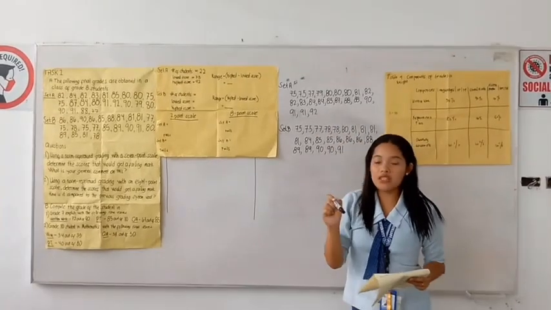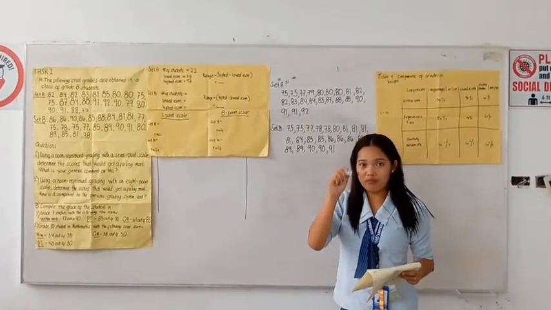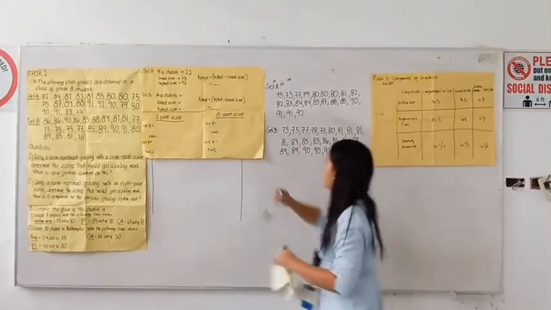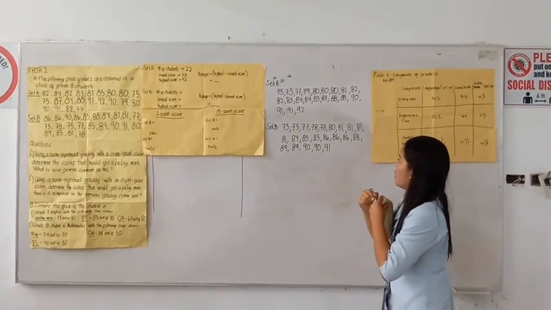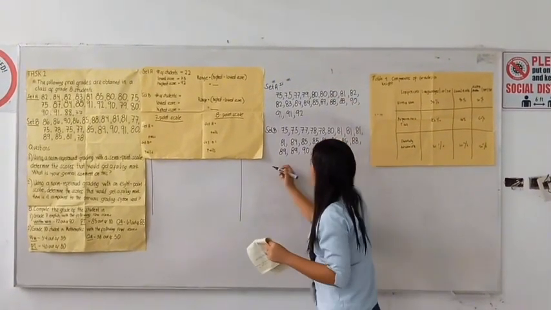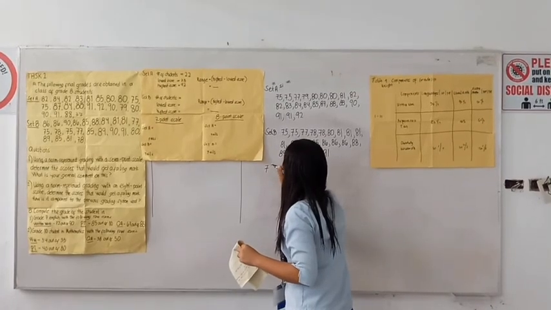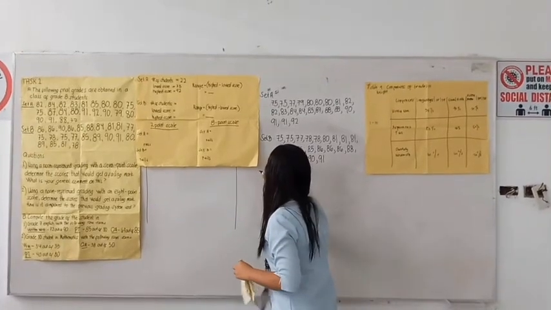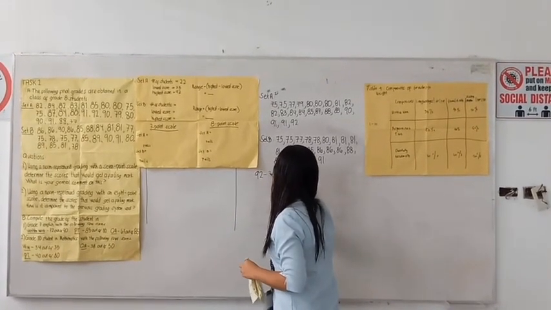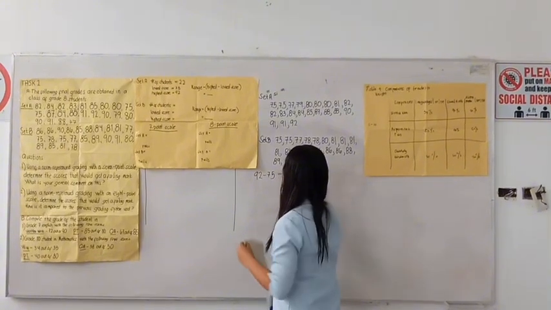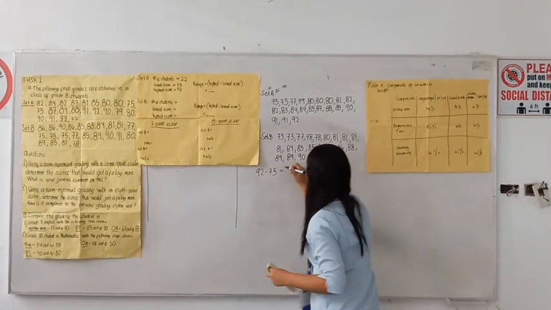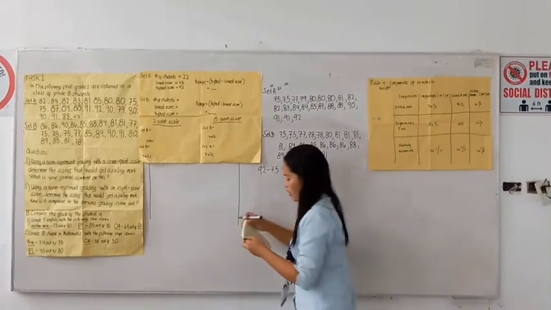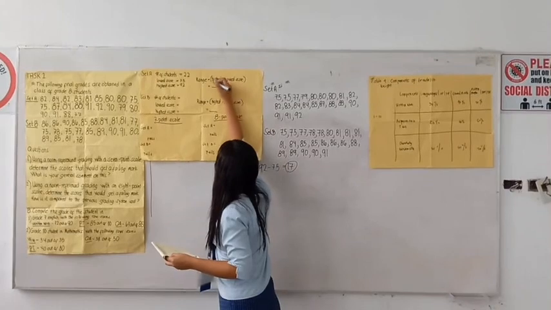In order to get the range, we have to know the difference between the highest and lowest. So we have here the range of 17.